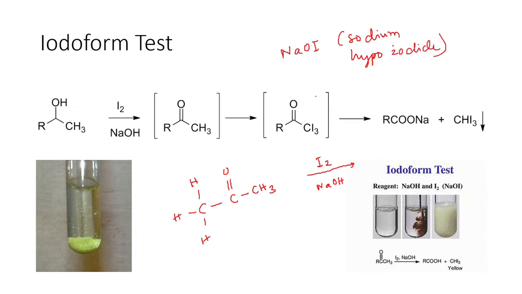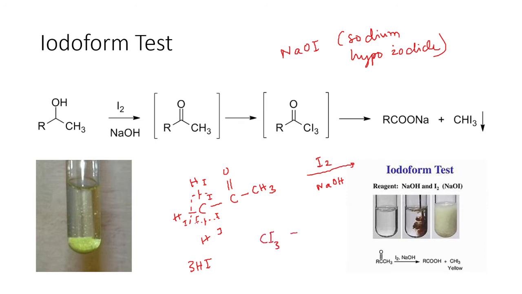So what will happen? See, this I2 will break the bonds here. One I will come to here, another I here, one I will come to here, like this the bonds will break. And this thing will form CI3, something like this.